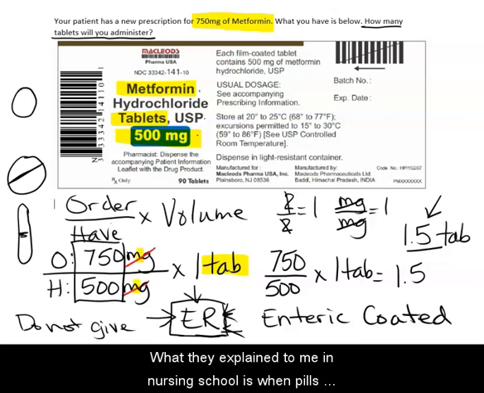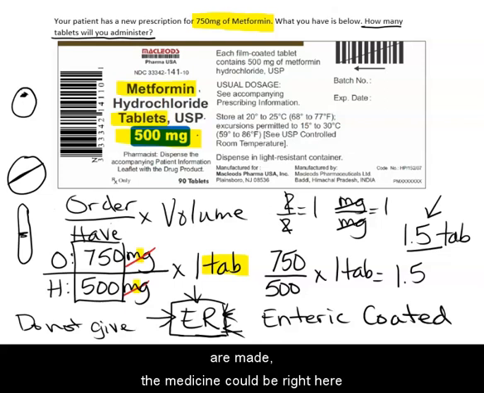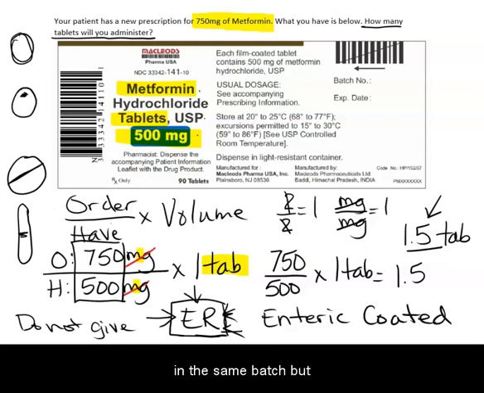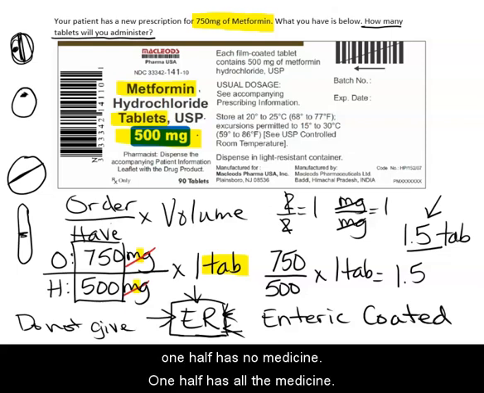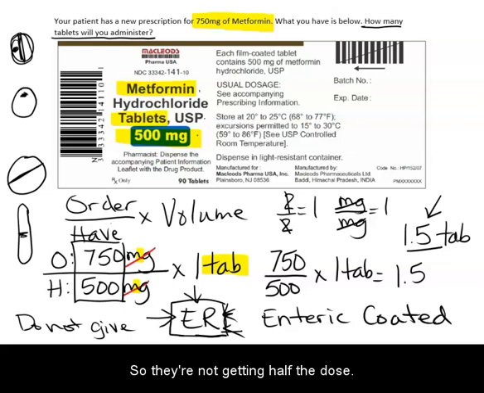What they explained to me in nursing school is when pills are made, the medicine could be right here, or the medicine in the same batch, but the medicine ends up over here. So if you cut it this way, one half has no medicine, one half has all the medicine. So they're not getting half the dose.